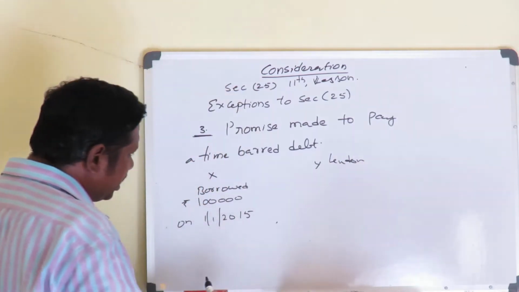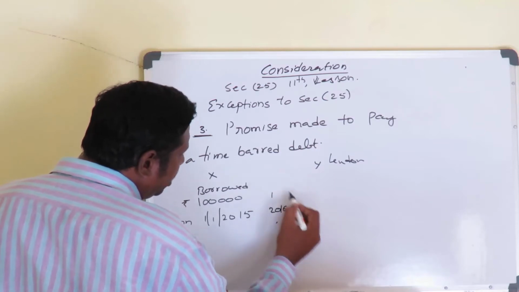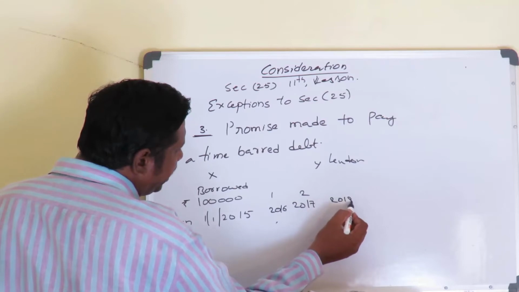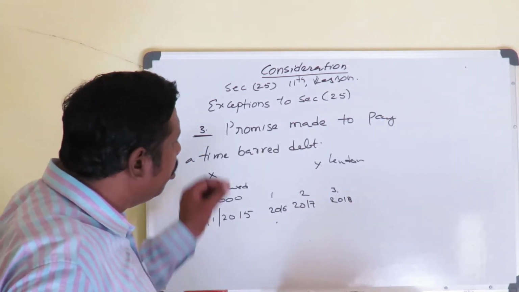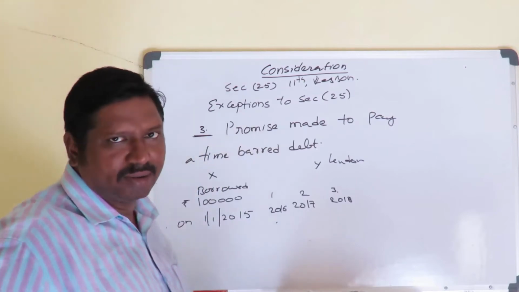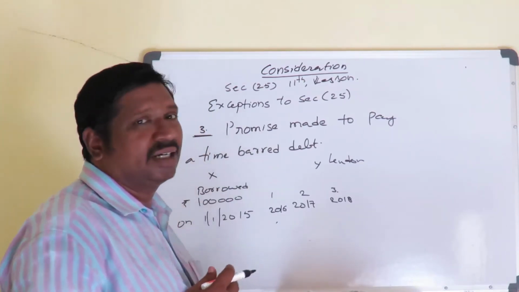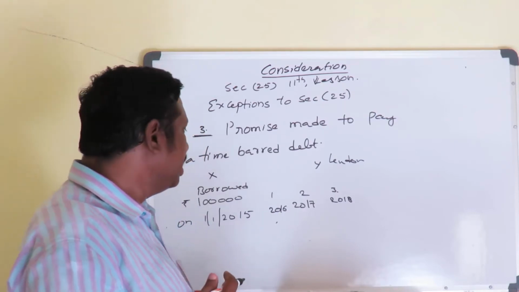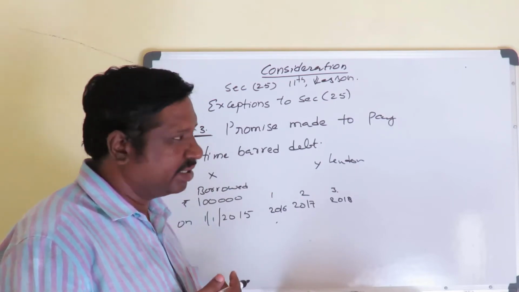Here, 2016 is the first year, 2017 is the second year, 2018 is the third year. For example, the lender, whatever the reason may be, didn't take any action or recover the money up to the 3 years. Now it became a time barred debt.